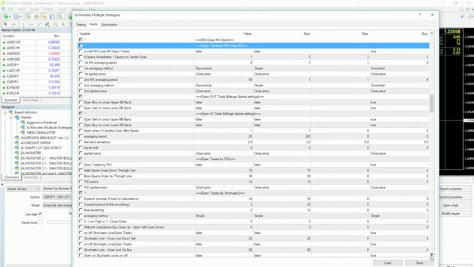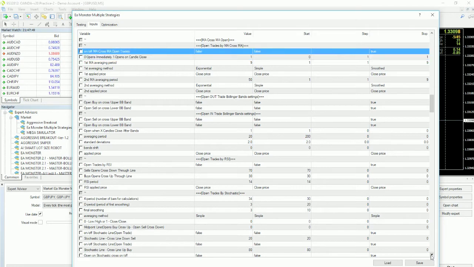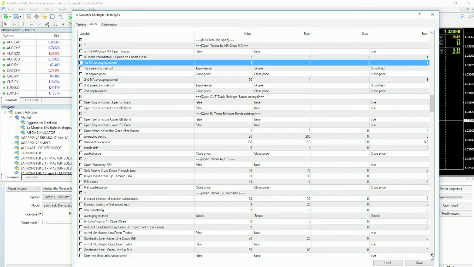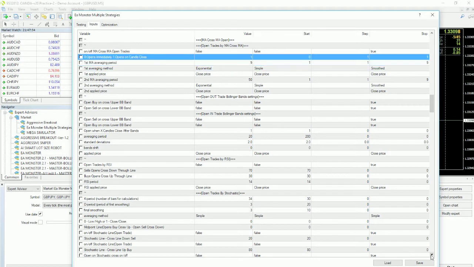It's common among a lot of expert advisors probably. It's a simple moving average cross moving average. And of course, very self-explanatory. Your first one will have, this is very important here, if you open immediately with 0, you'll need to backtest this with every tick.